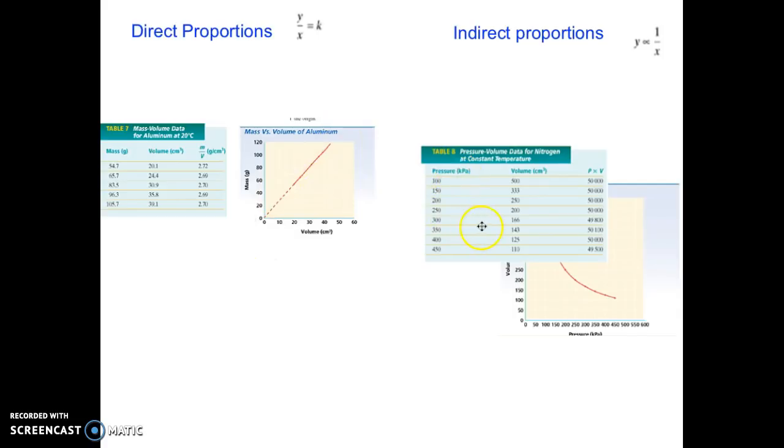Same thing here: if you notice, this is an indirect relationship, the pressure's going up and the volume is going down, and this graph shows an indirect relationship, which you can see here with the downward sloping exponential function line. So those would be just terms that we're hoping that you remember and that you can apply if you see that in data sets.